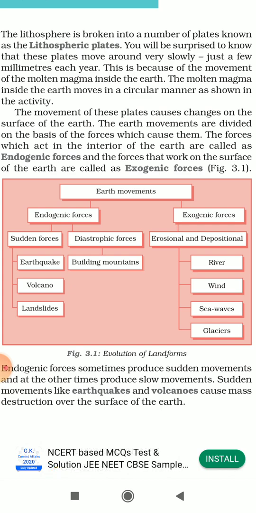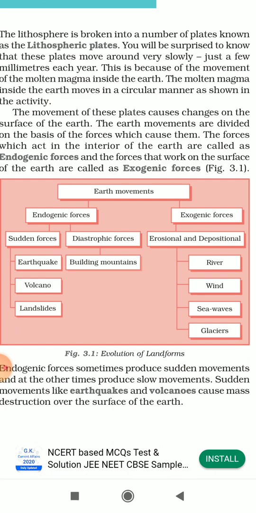The changes occurring in the earth are divided on the basis of the forces which cause them: endogenic forces and exogenic forces. The forces which act in the interior of the earth are called endogenic forces, and the forces that work on the surface of the earth are called exogenic forces.